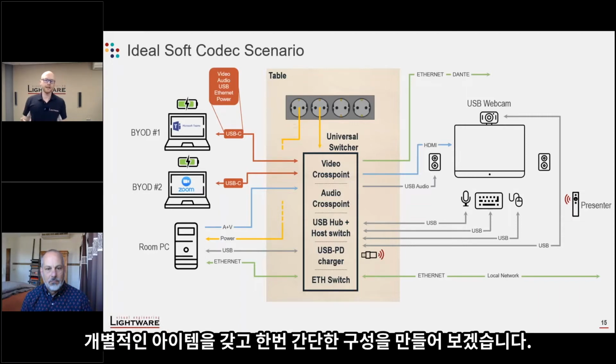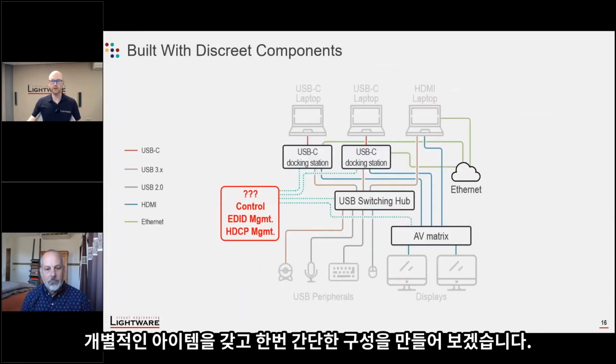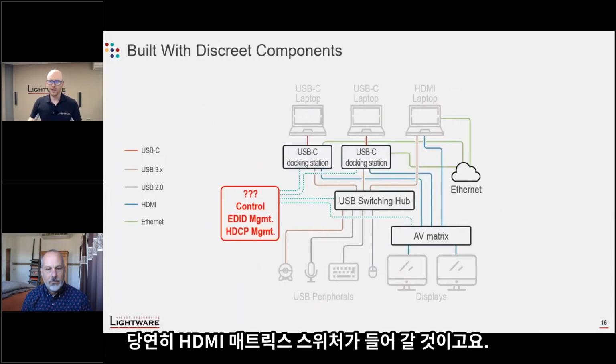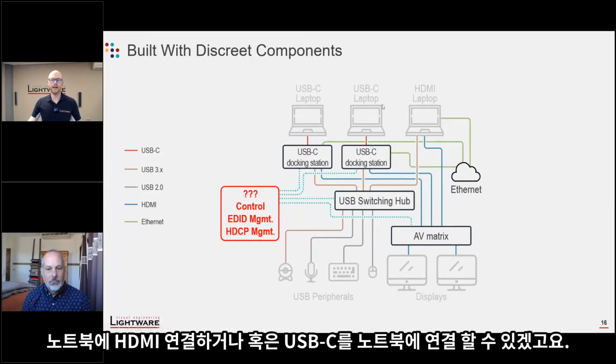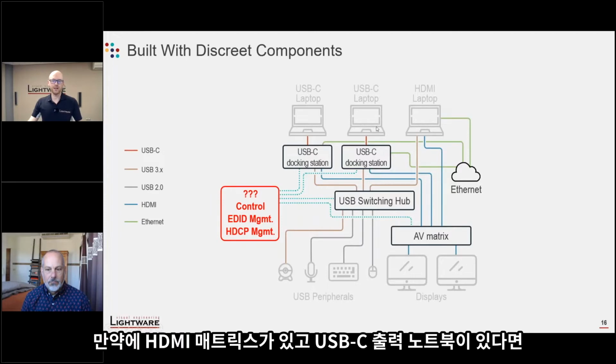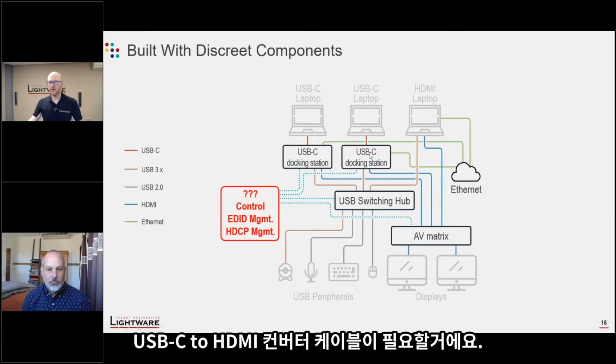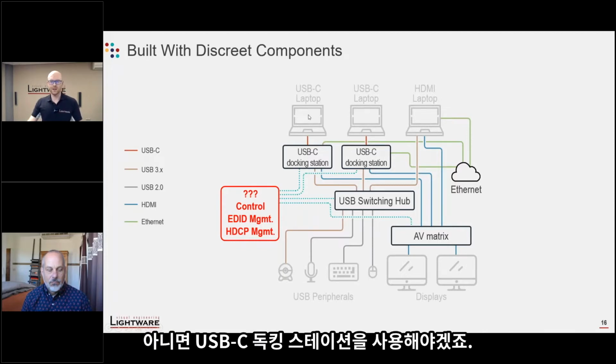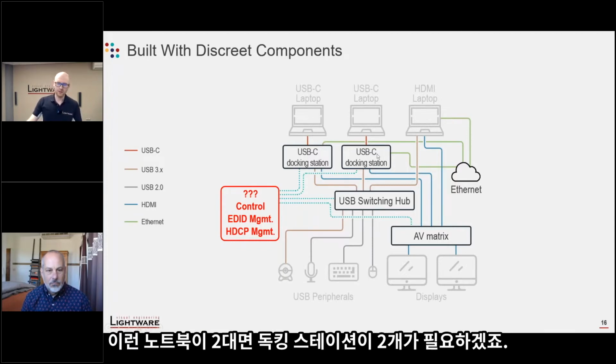And you might say, okay, I can build a similar system using discrete components. So I might still use the HDMI switcher, and I can connect the laptop or the USB-C laptops. But if you have an HDMI switcher and you have USB-C laptops, then you might need converter cables, USB-C to HDMI, or you use docking stations. So if you have two laptops, then you use two docking stations.